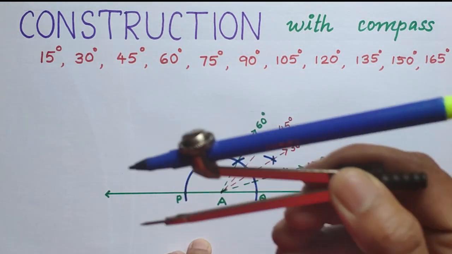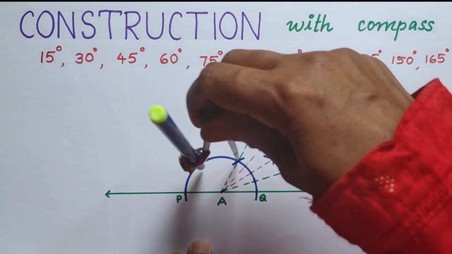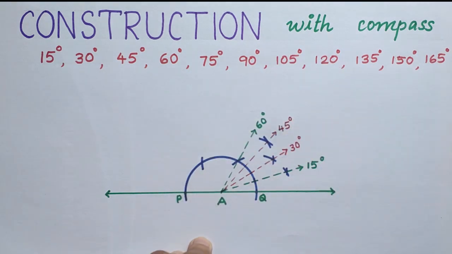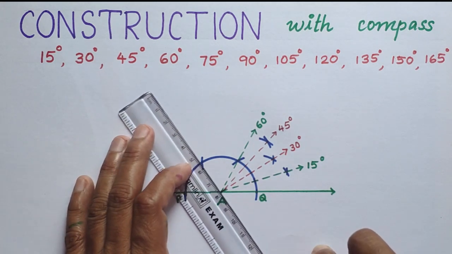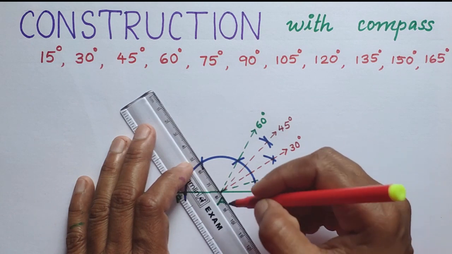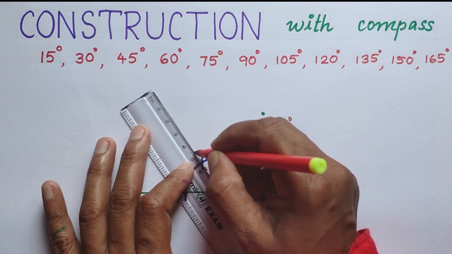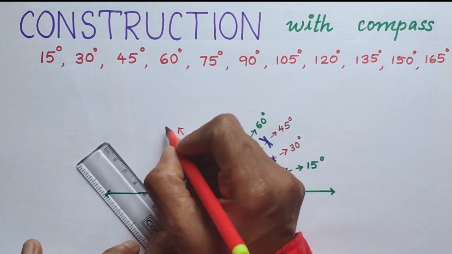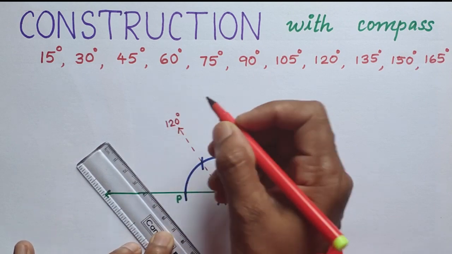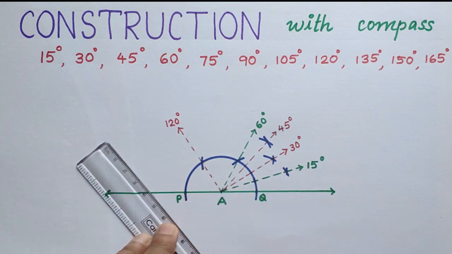Now I did not change the compass, so we can place the metal tip on 60 and draw one more 60. Then we will get 120 degree. So this angle measure is 120. Now if we bisect this 60 and 120, we will get 90 degree.